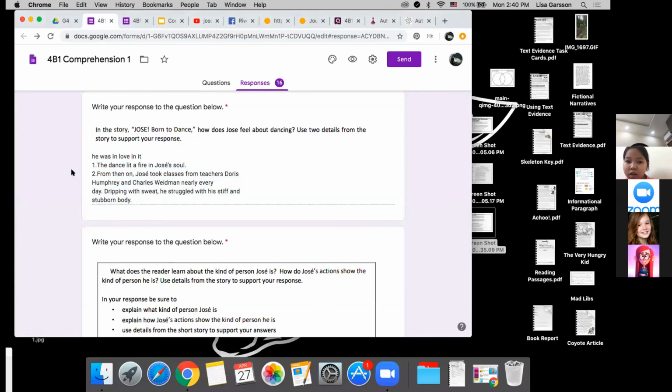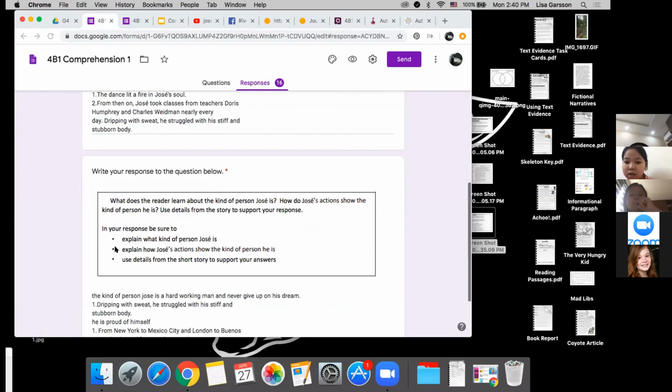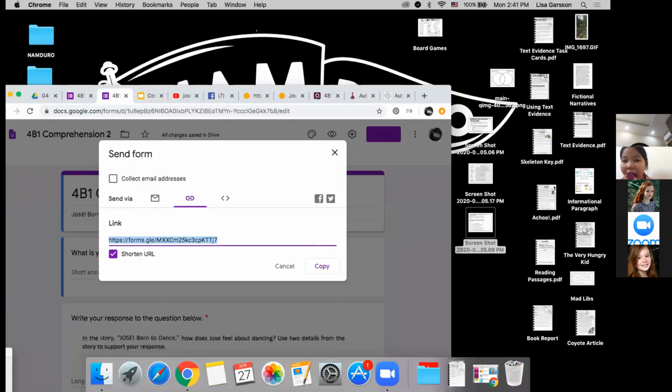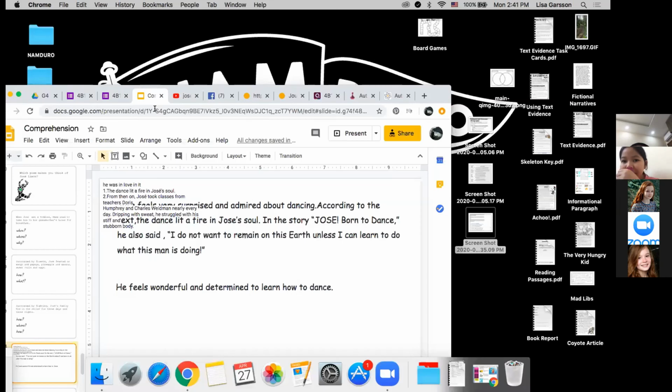Remember, I asked you to write a full paragraph using details and examples from the text, right? And I have a lot of responses that are only 1 sentence. So I want you for homework today to redo these responses. Okay, so go back and check your response and then write one that uses details and examples from the book or from the text.